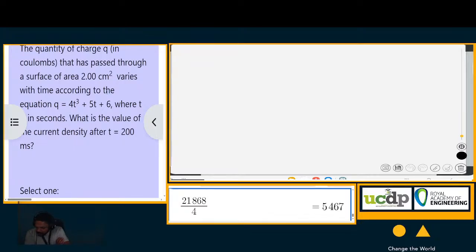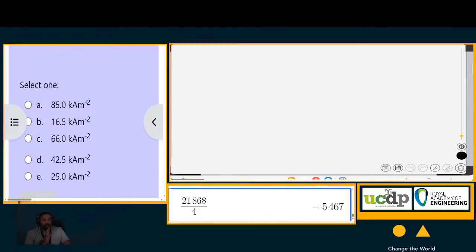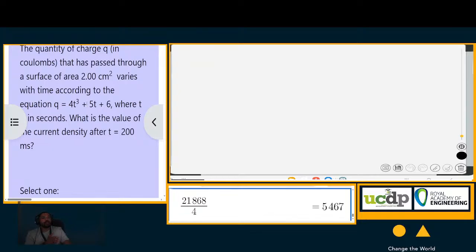Originally it is not 200 milliseconds, it's 200 seconds, but we will work with this. I do tell you beforehand that the actual correct answer is not here, but I will show you how to work out the correct answer.